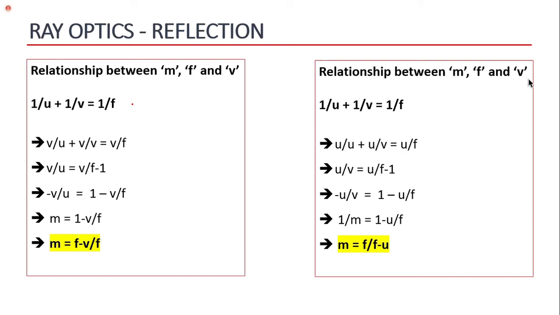Okay. Anyhow, put your heading as relation between M, F, and V. We'll get M is equal to (F minus V) by F. Relation between M, F, U: M is equal to F by (F minus U). Just take the final formula.